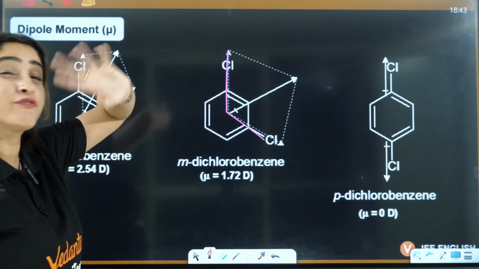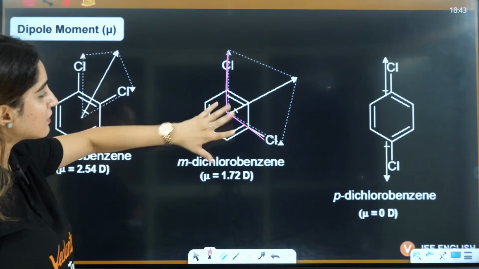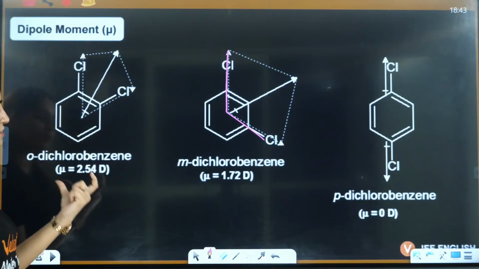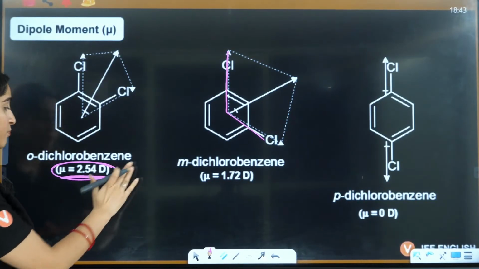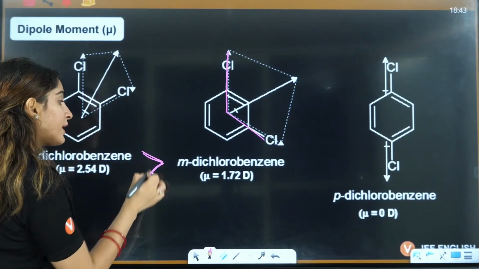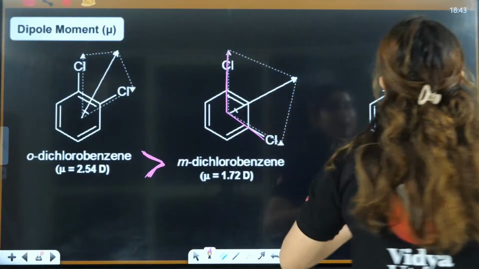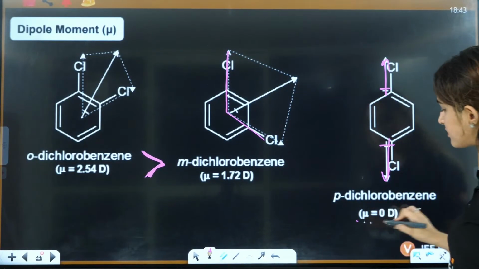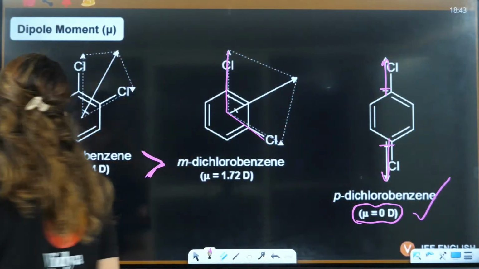This you will see in physics, in vectors. If the angle is greater, the resultant will have less value. Here the angle is less, so the resultant has more value. So this is very important, that mu of ortho is greater than mu of meta. Now what about para? This is exactly opposite and they will cancel. So mu of para is going to be 0 here.